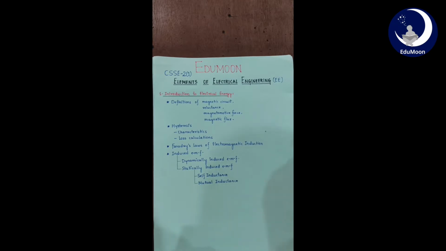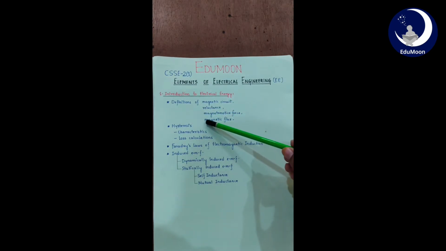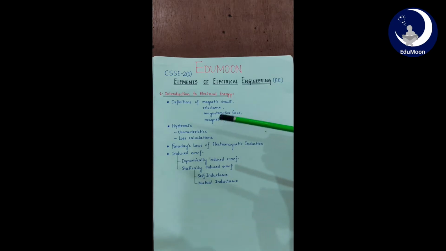The first chapter, Introduction to Electrical Energy, deals with basic definitions of magnetic circuit, reluctance, magnetomotive force, and magnetic flux. We are also going to know what hysteresis is, Faraday's laws of electromagnetic induction, and induced EMF. So this chapter is basically about the very basic concepts we use in the subject.